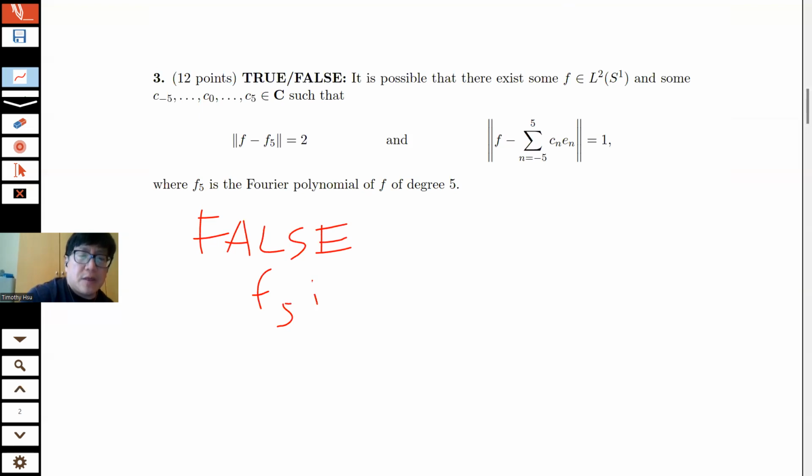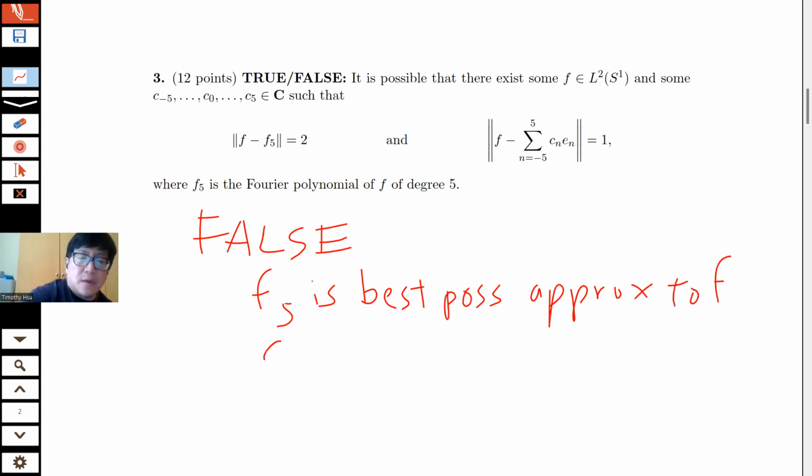F5 is the best possible approximation to F among trigonometric polynomials of degree 5.